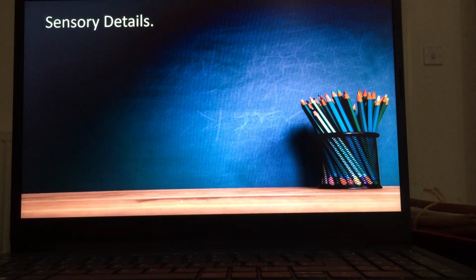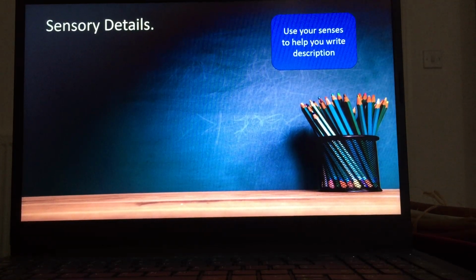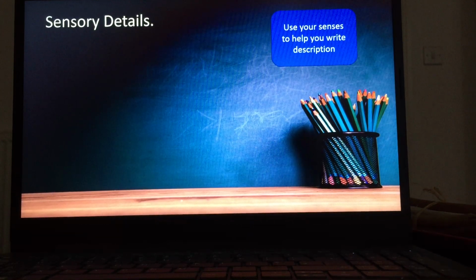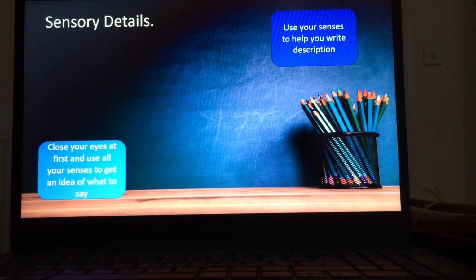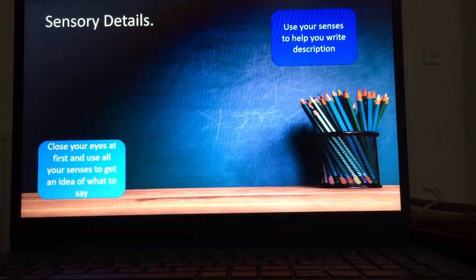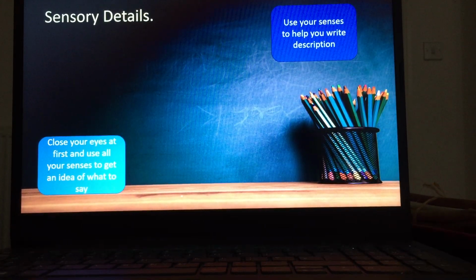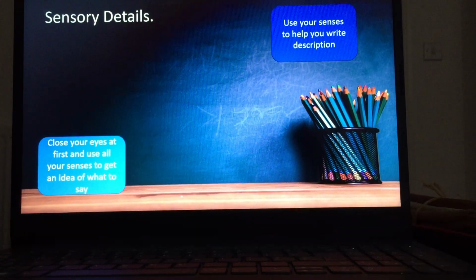Sensory details. By far the most important part of writing a descriptive paragraph or a character description. Use your senses to help you write the description. Close your eyes before you start and use all of your senses, or as many as you can, to get an idea of what you would want to say or describe.